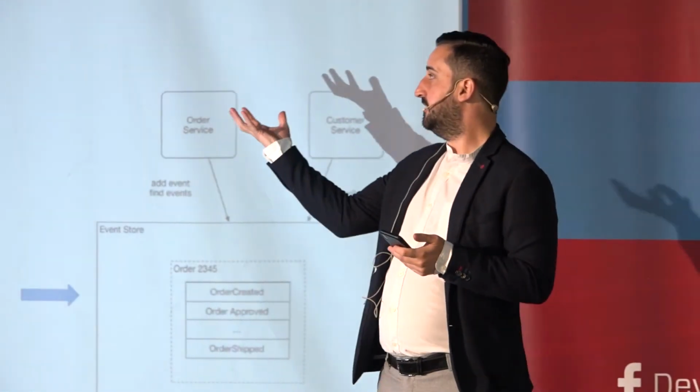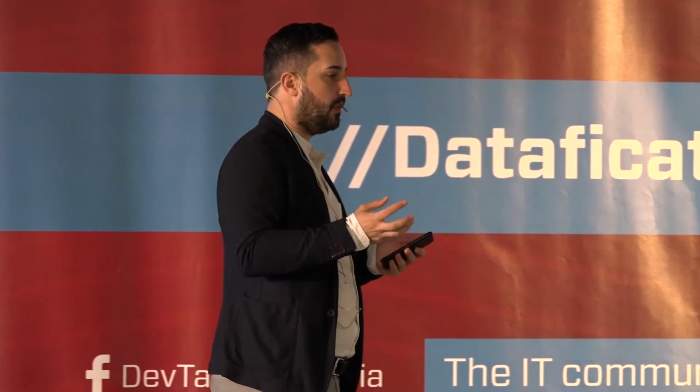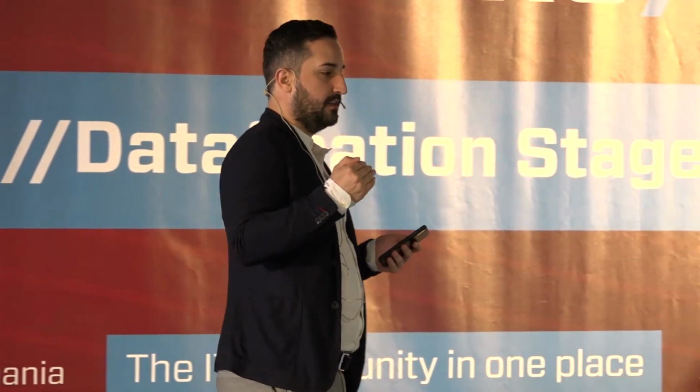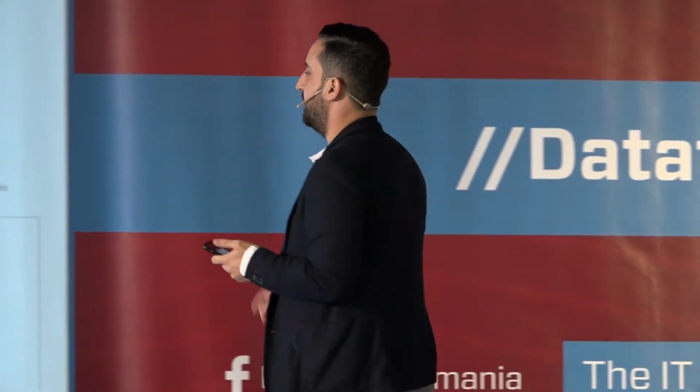So as I said, the need is to atomically update the database and publish the message. What event sourcing does is that it will persist the state of a business entity as a sequence of state-changing events.